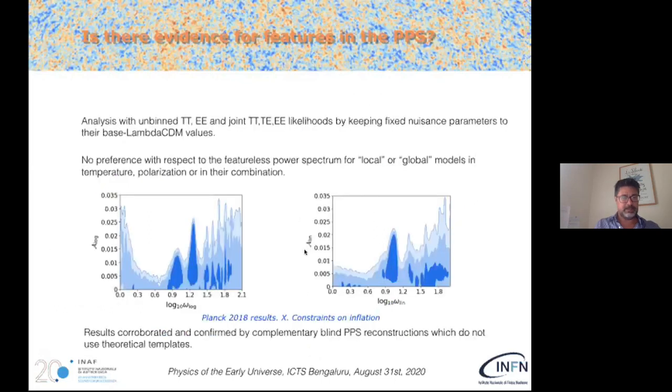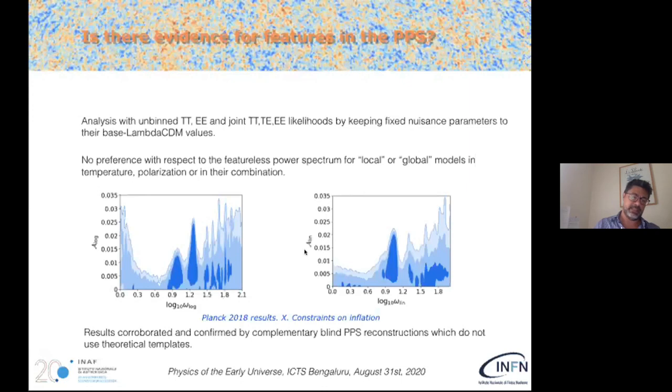And the result, very short, is that with analysis of temperature alone, polarization alone, or jointly in temperature and polarization, we don't have any preference with respect to a simple power law power spectrum for these local or global models, even if in the delta chi-square there is an improvement due to the additional parameters.